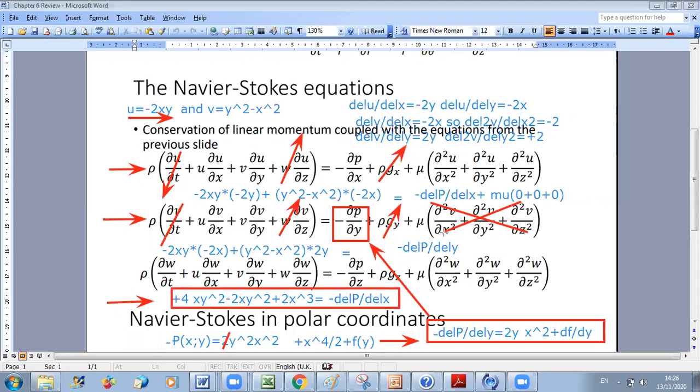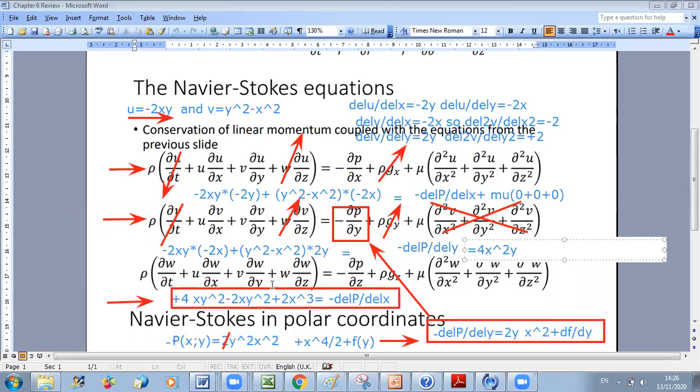So I can deduce what del p by del y is. Minus del p by del y is equal to the following. If I do the expansion, I get minus 4 x squared y, and since there is a minus outside and inside, it becomes plus 4x squared y.